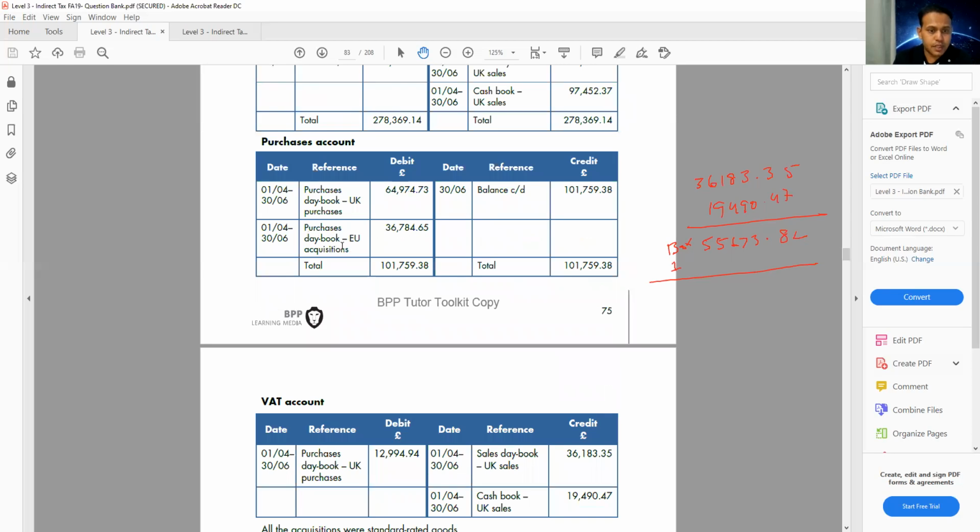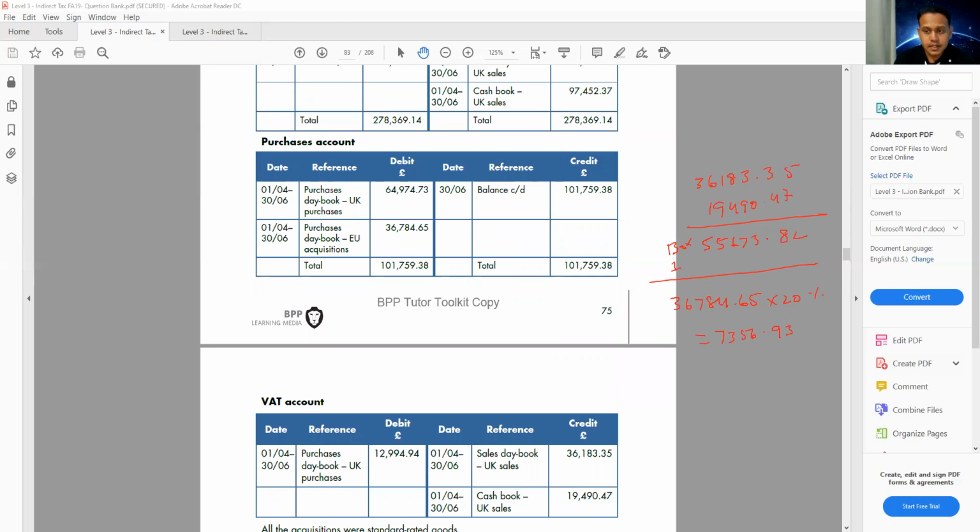Purchase ledger, EU acquisition, that is 36,784.65, and the VAT is 20% on that. And how much will it be? 7,356.93. Very well done, Sharon. This is for our EC acquisition.